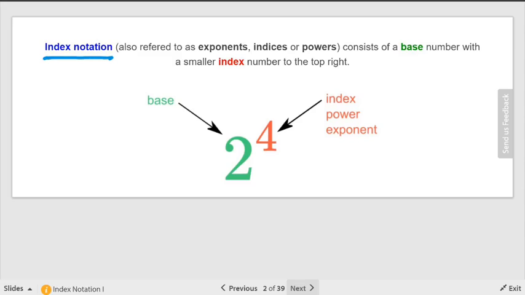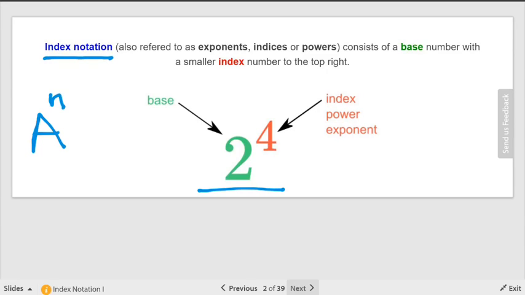I'm going to write it using letters just so that we can see what's happening. They used a number in the example, but I'm going to write it using letters. You have a, and then the little n off to the right-hand side in the upper corner, right? And the n is much smaller, isn't it? This is an example of index notation.